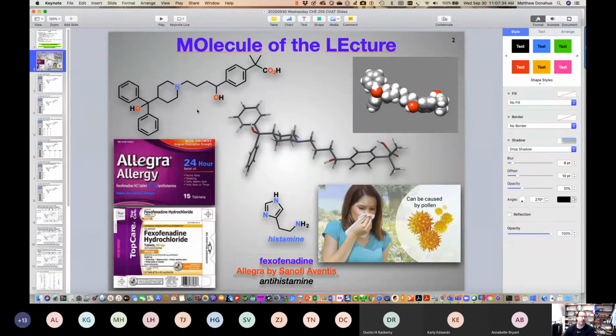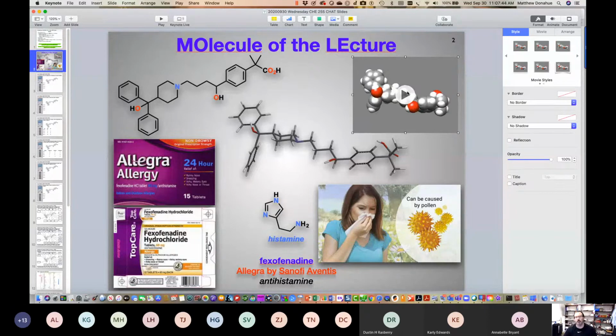I'm going to ask you over the next series of slides some basic questions about fexofenadine, or Allegra, that relate to acidity and basicity. There's a little movie. This sort of looks like a spaceship out of Halo or something. You can see these two aromatic rings in this portion of the molecule give it its shape.